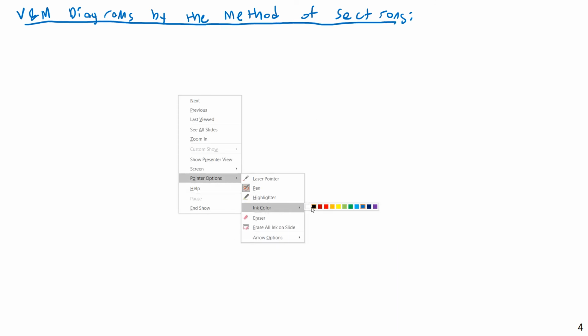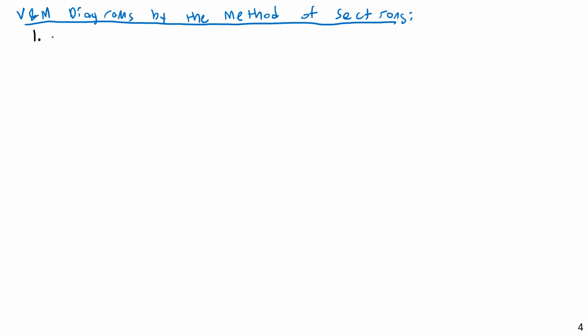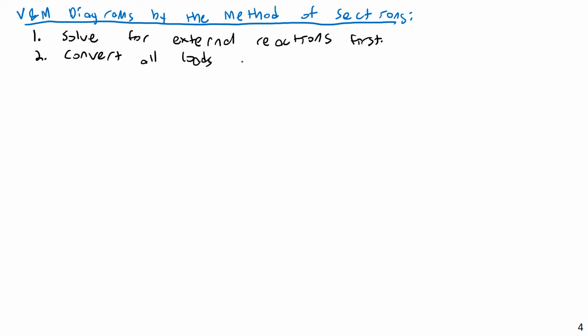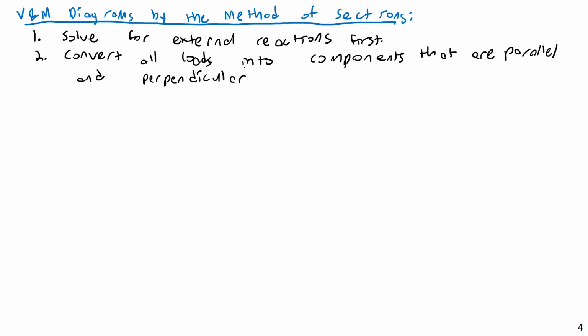So the general process is going to be: 1, solve for external reactions first. 2, convert all loads into components that are parallel and perpendicular to the beam axis.